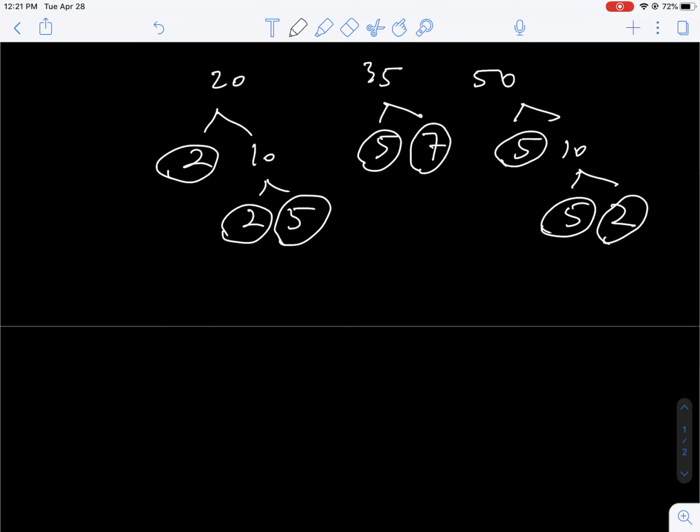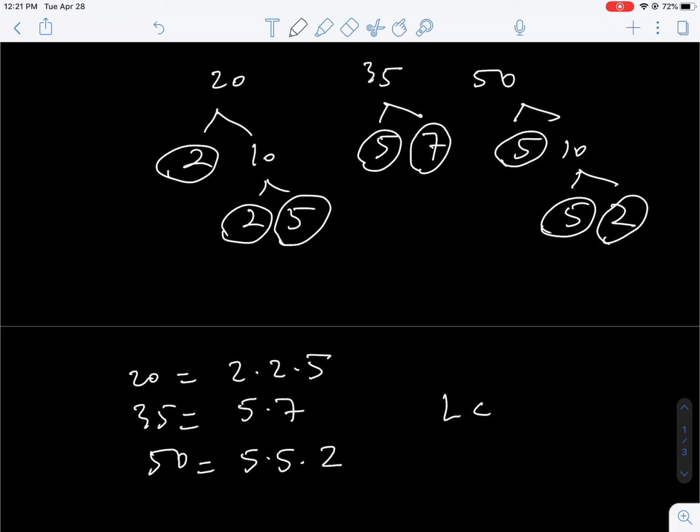Okay, now let's find the LCM for those numbers. I'm writing each number as a product of factors. Here I've got two 2's.